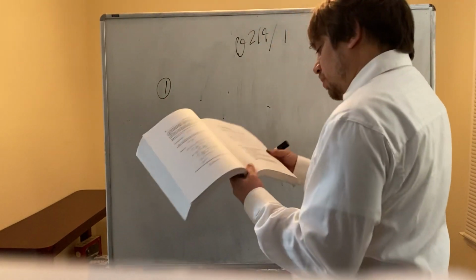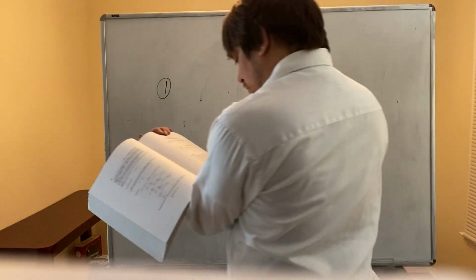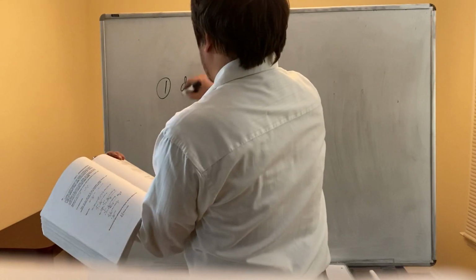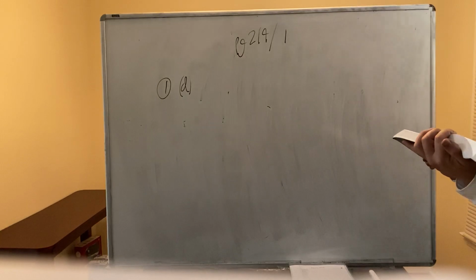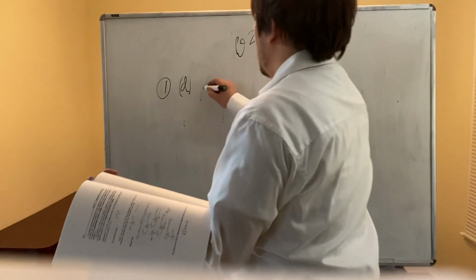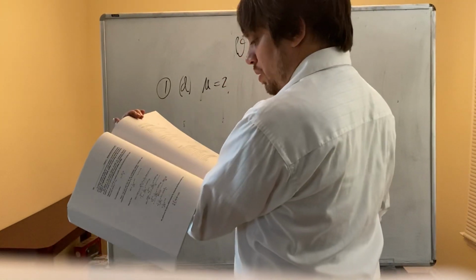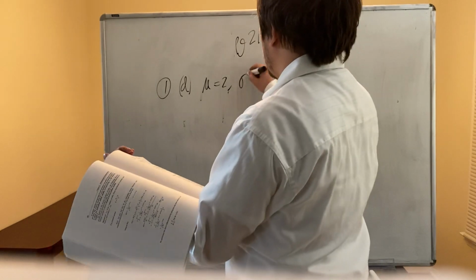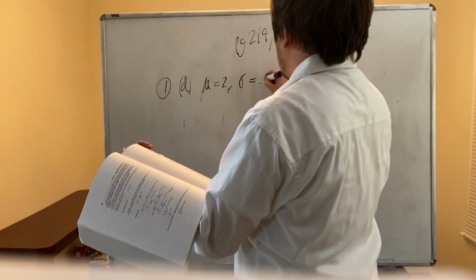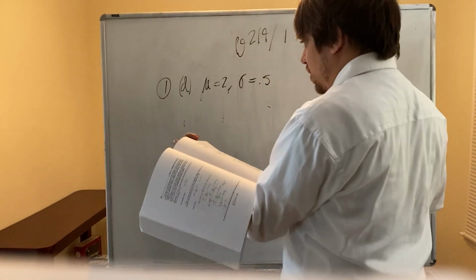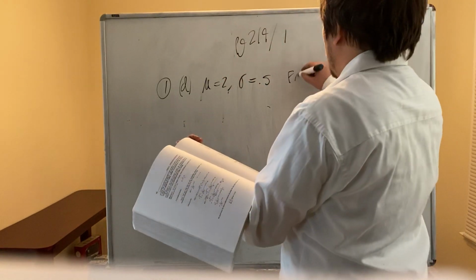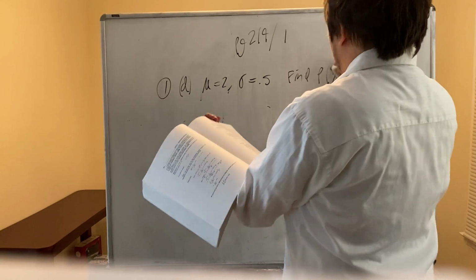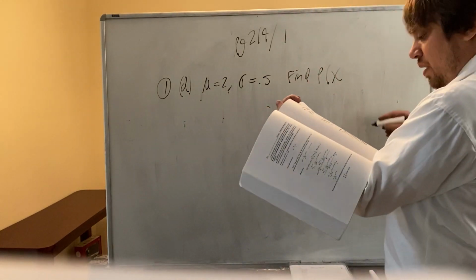Let's do part D. Okay, so if x is a random variable having a normal distribution with mean mu equals 2 and standard deviation sigma equals 0.5, find the probability that x takes on a value less than 1.